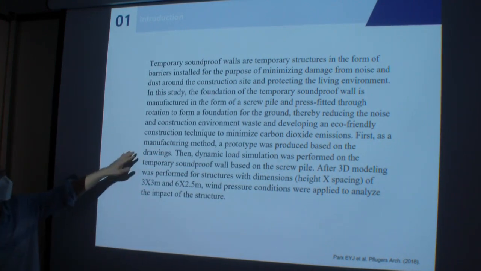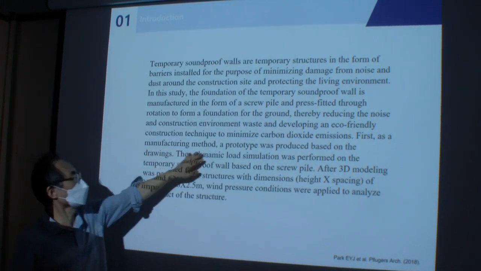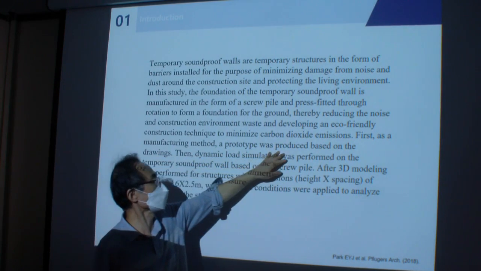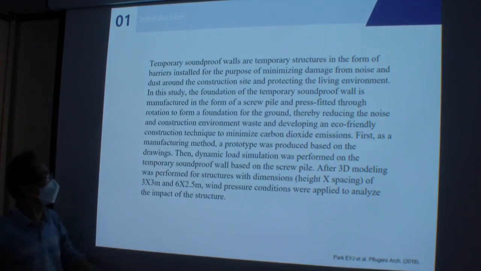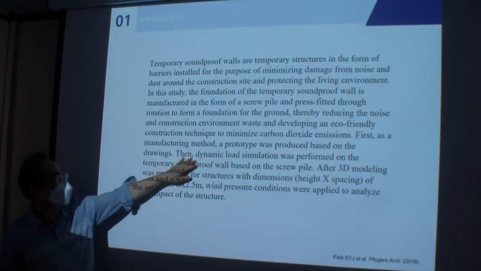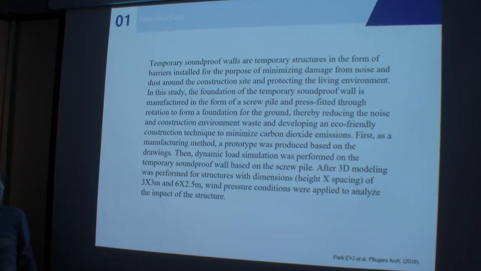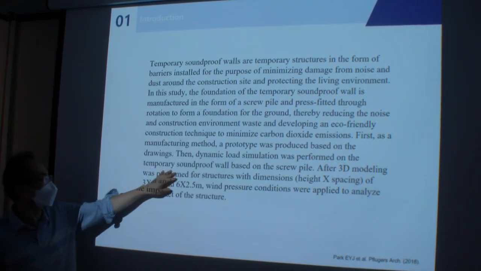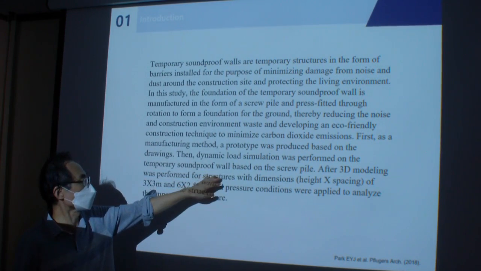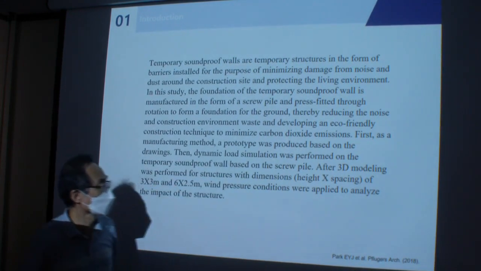First, as a manufacturing method, a prototype was produced based on the drawing, and then dynamic load simulation was performed on the temporary soundproof wall based on the screw pile.